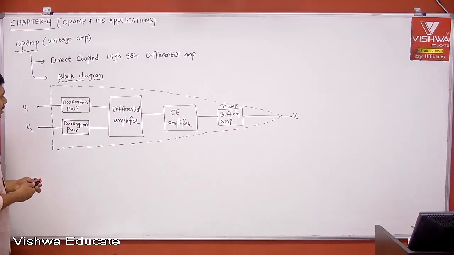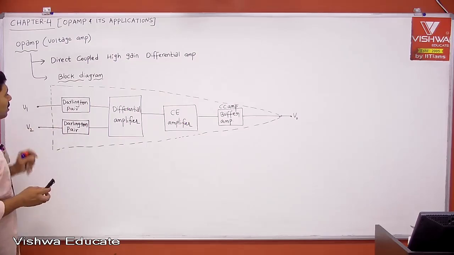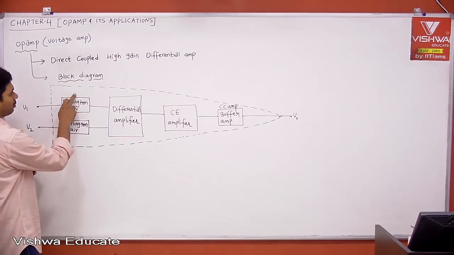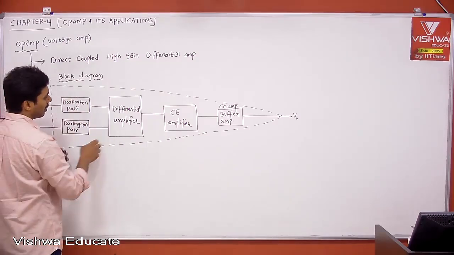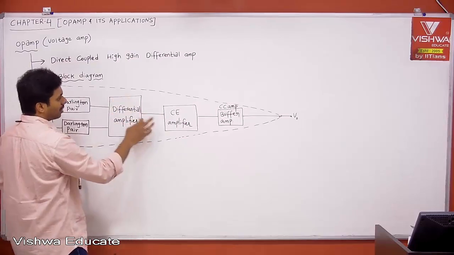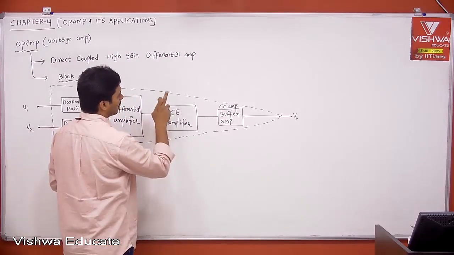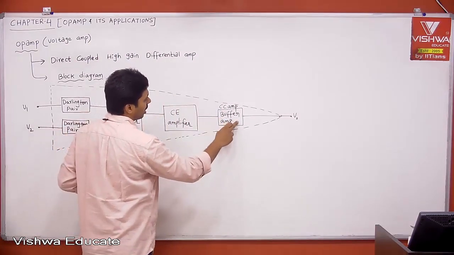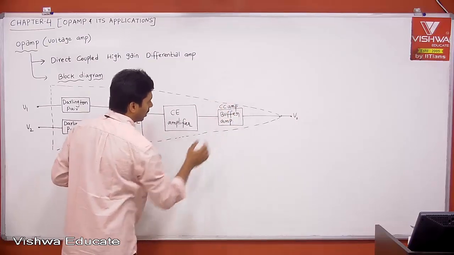Now, if you ask me, what is the voltage gain of the Darlington pair? Approximately equal to 1. What is the voltage gain of the differential amplifier? Let us say A1. And what is the voltage gain of the common emitter amplifier? Let us say A2. What is the voltage gain of the buffer amplifier? Approximately equal to 1, right?